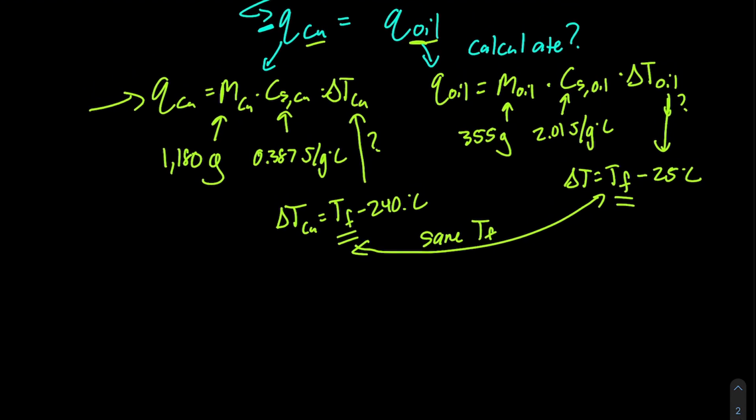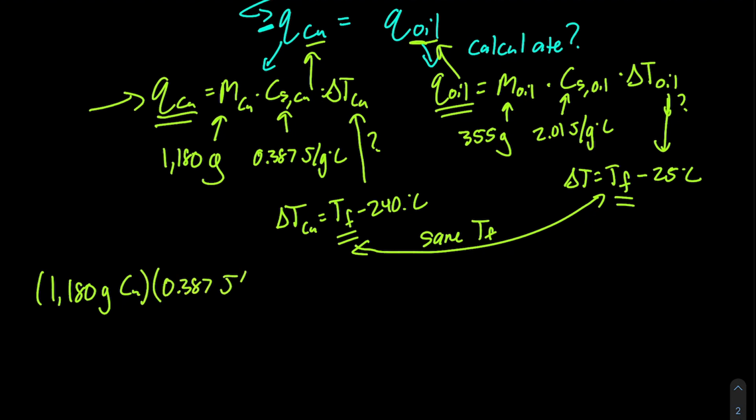Now our last step is where we're actually going to plug these expressions into each other, because we don't actually need to know the absolute value of how much heat is gained or lost by the copper and the oil. What we do know is they're equal and opposite to each other. So let's plug that information in, and then we can solve for our final temperature. We have 1,180 grams of copper, our specific heat capacity, 0.387 joules per gram degree Celsius, and our delta T is our final temperature minus 240 degrees Celsius.